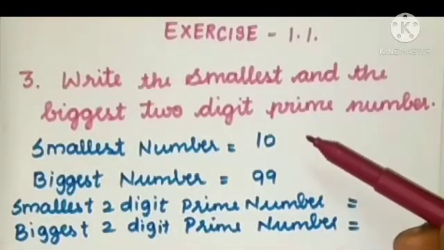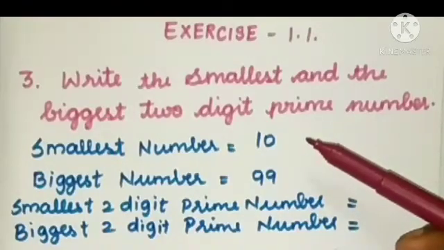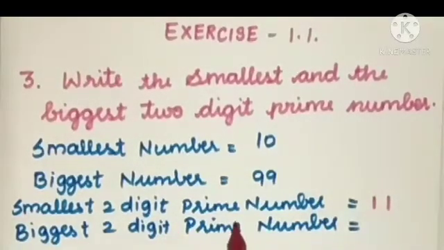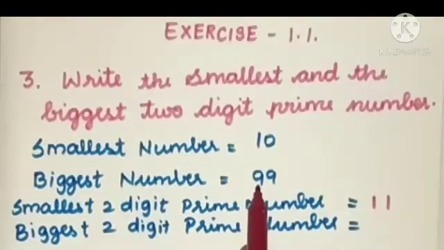11 is a prime number. It has only 1 and 11 as factors, only two factors. So 11 is the smallest two-digit prime number. Then you have to find the biggest two-digit prime number. 99 is the biggest two-digit number.